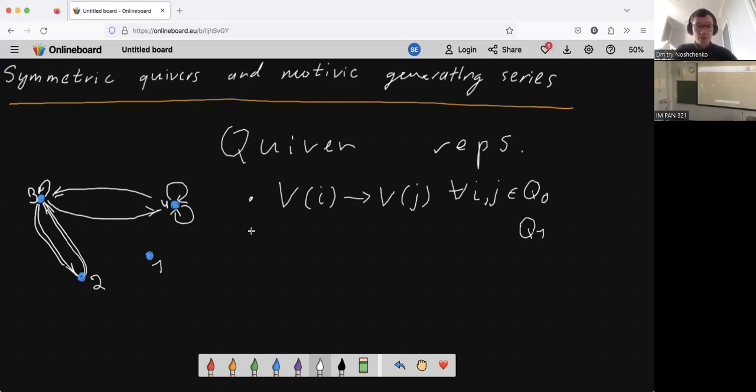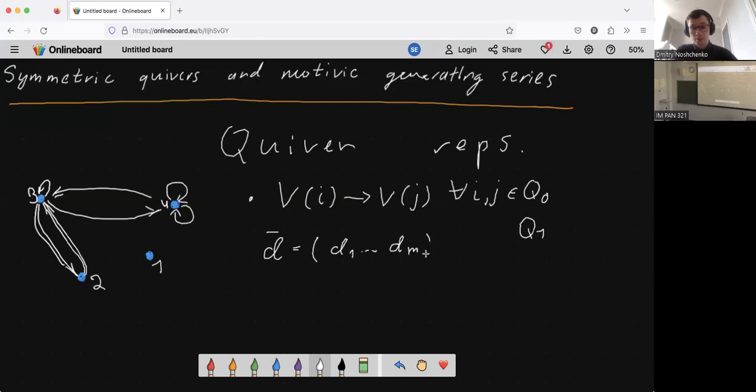So imagine that you have, for example in this quiver, some collection of vector spaces, and in particular, one can attach a dimension vector to such a representation, which we denote by letter D. This is a vector filled with the dimension of every vector space that we have here, from D1 to Dm.